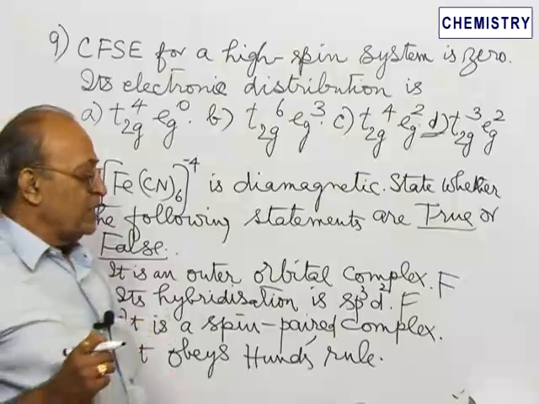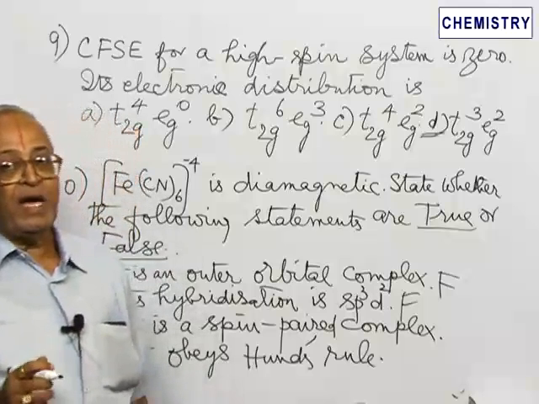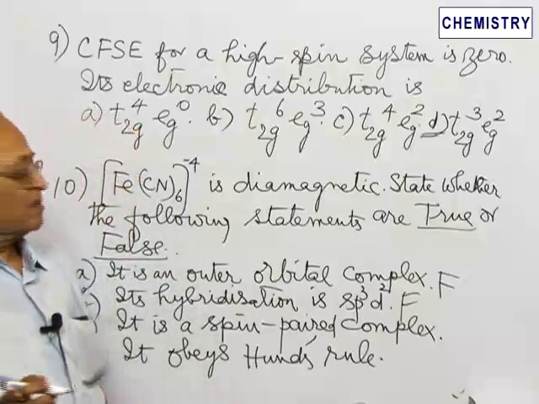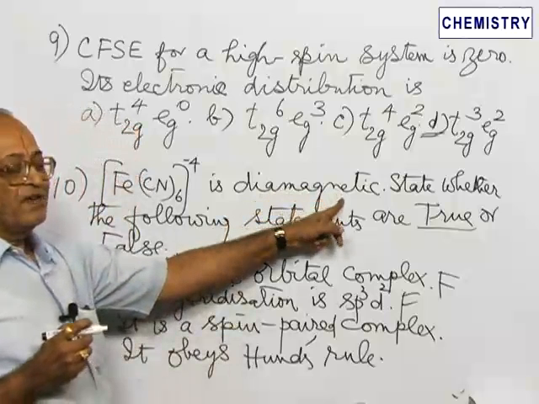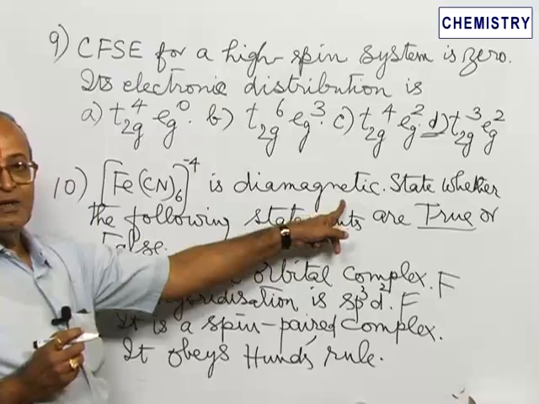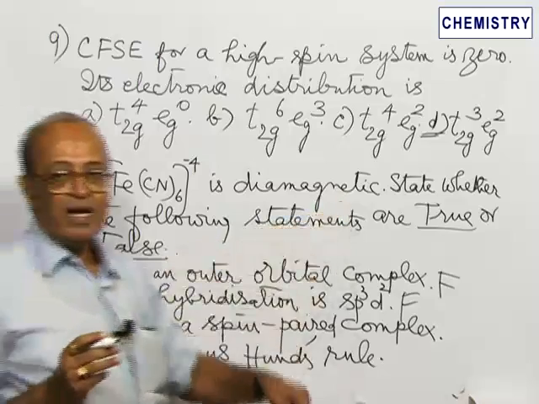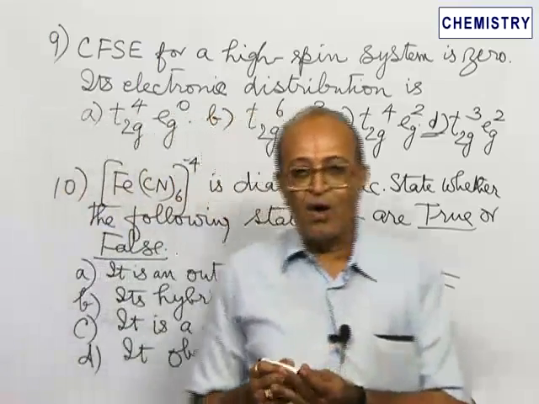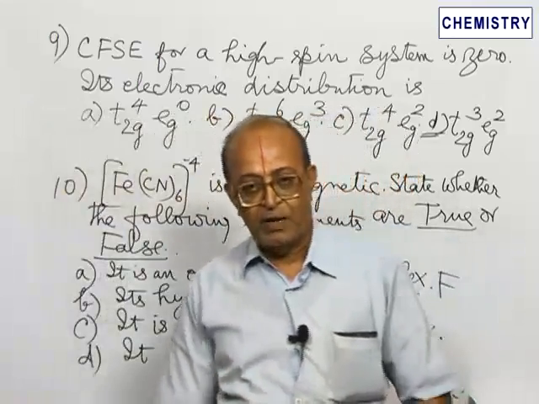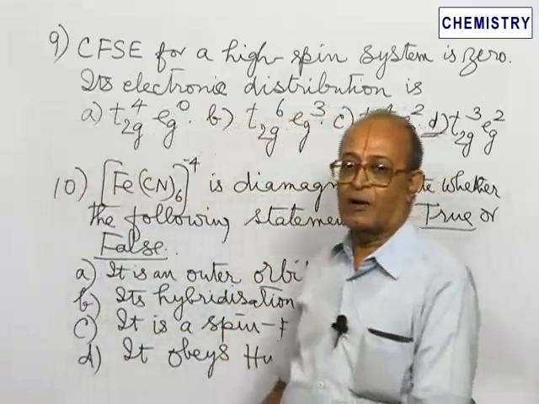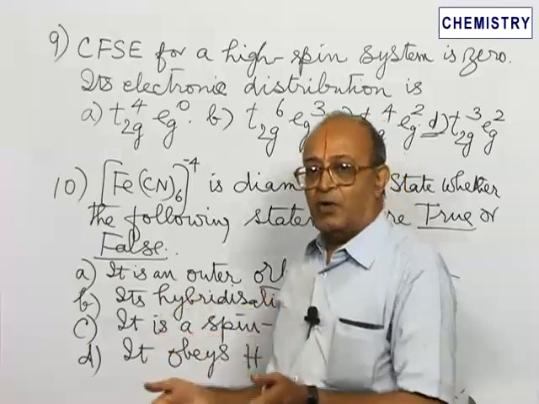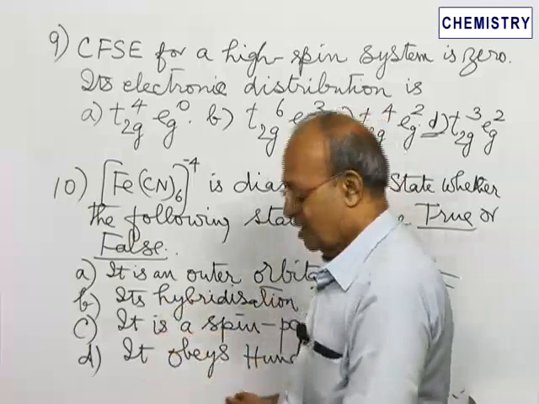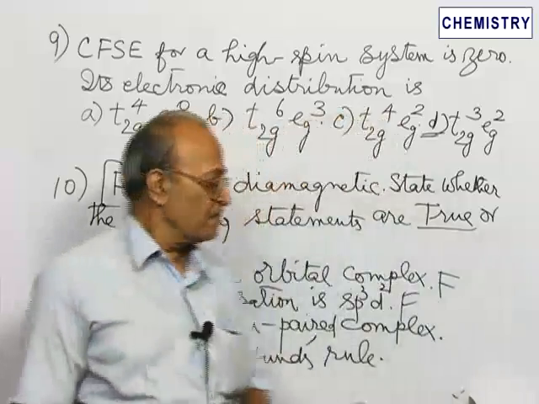Third one, it is a spin paired complex. You see, it is given as a diamagnetic compound. Diamagnetism means all the electrons are paired. There is no unpaired electron. Now, there are several terminologies.